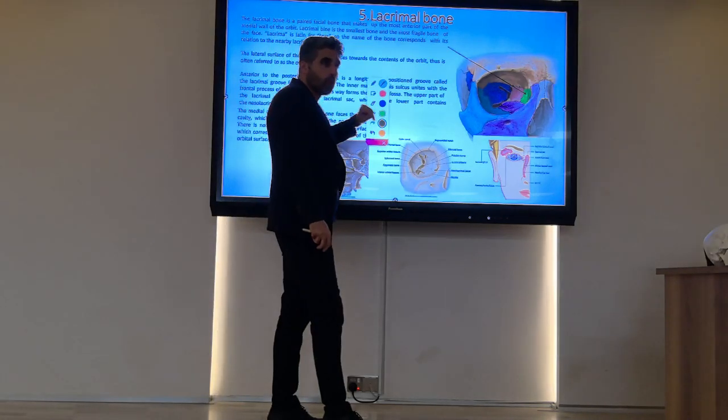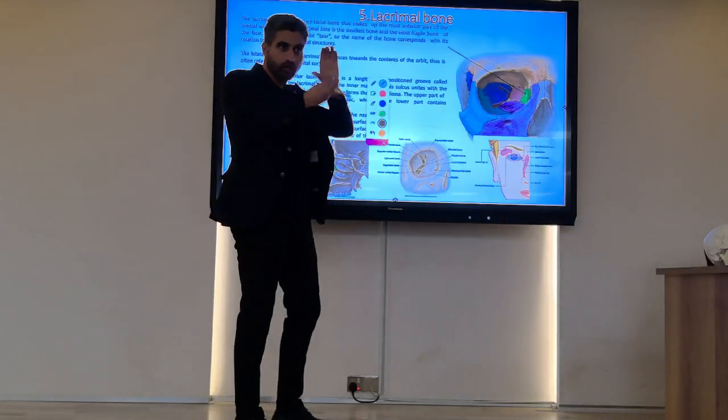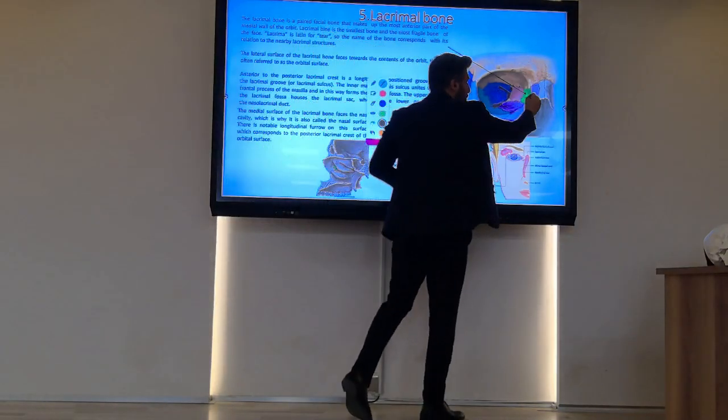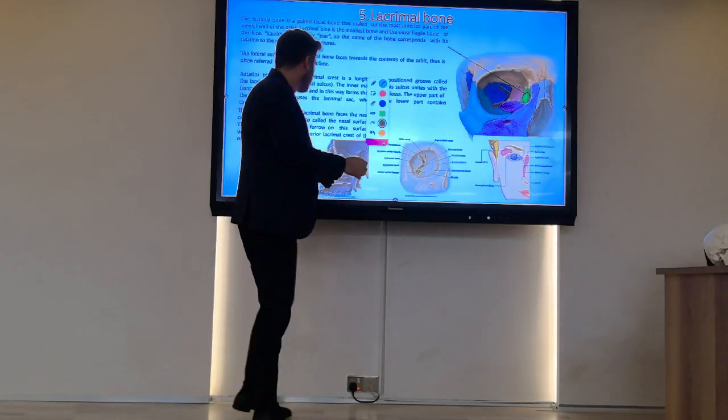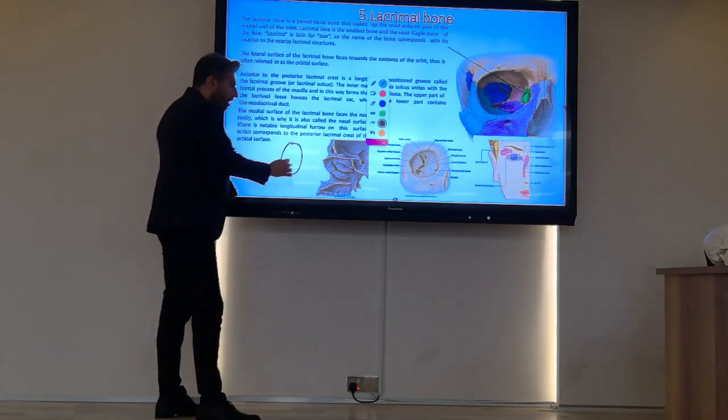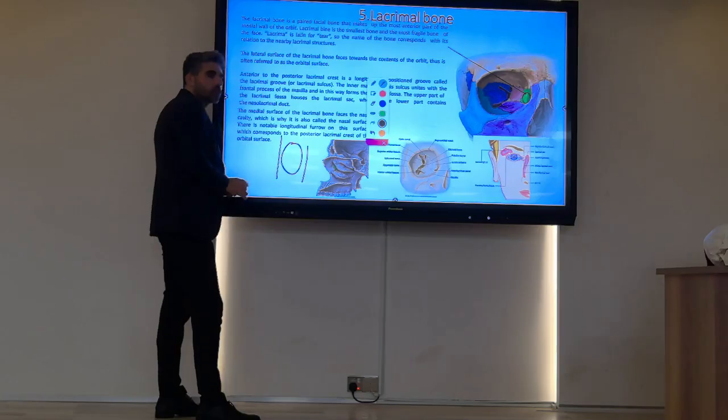This bone has a fossa for the lacrimal sac. Yes, you can see that. You have a fossa for the lacrimal sac, and it has two crests. If you find this fossa, one crest is anterior, one crest posterior.